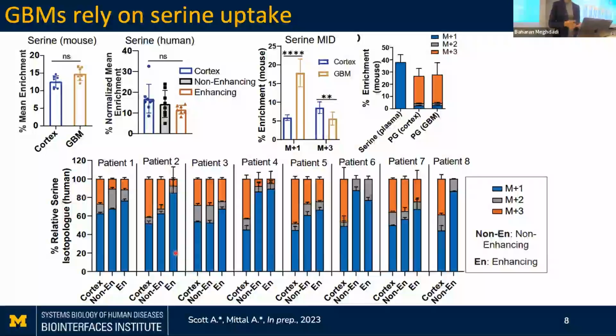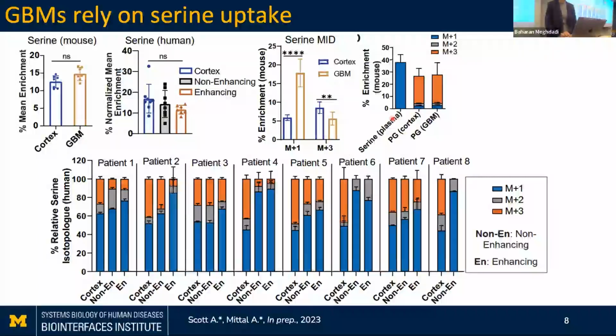When we looked at the enrichment patterns in plasma, we saw that serine in plasma is composed of only M+1 enrichments, and the 3-phosphoglycerate is similar in both cortex and GBM, and it is composed of M+3 majorly.